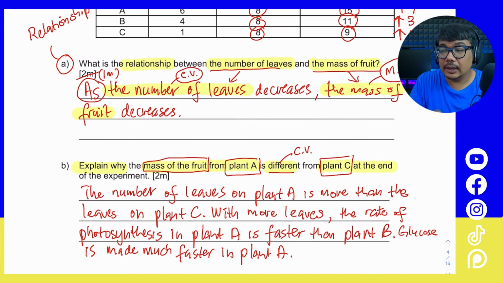And then finally we are going to say, so why does this make the fruit grow bigger?